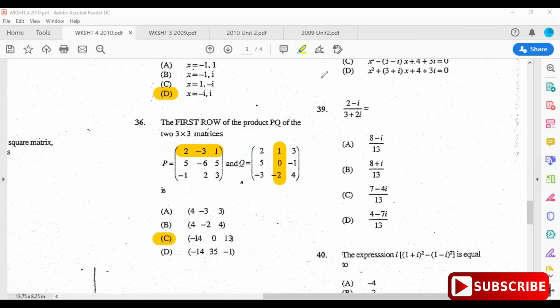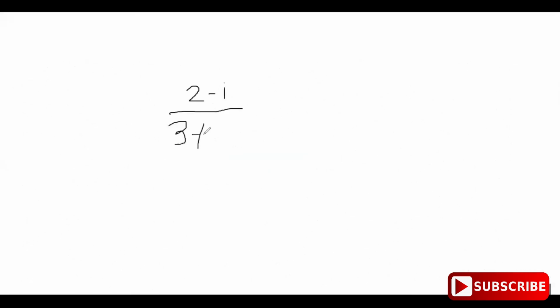We have 2 minus i divided by 3 plus 2i, and we're multiplying by 3 minus 2i. All right, so multiplying, 2 times 3 is 6. 2 times negative 2i is minus 4i.